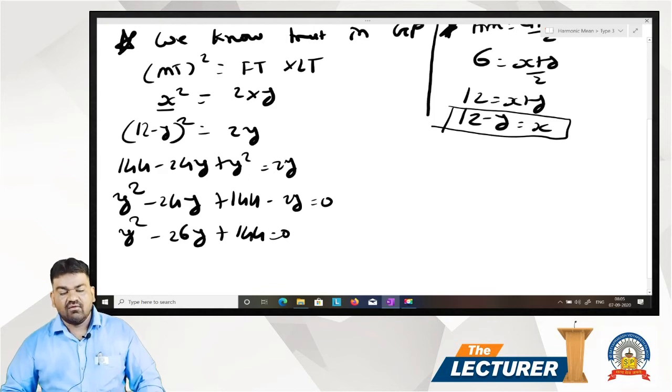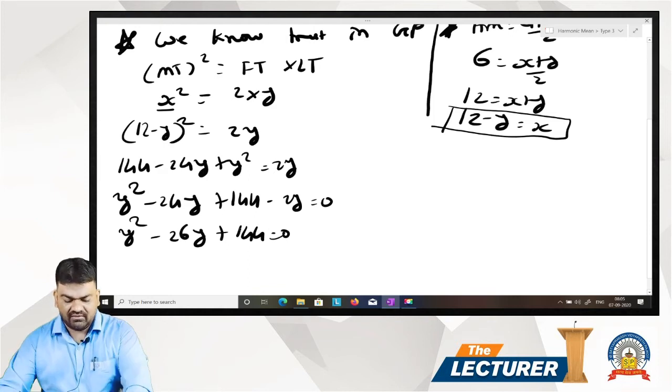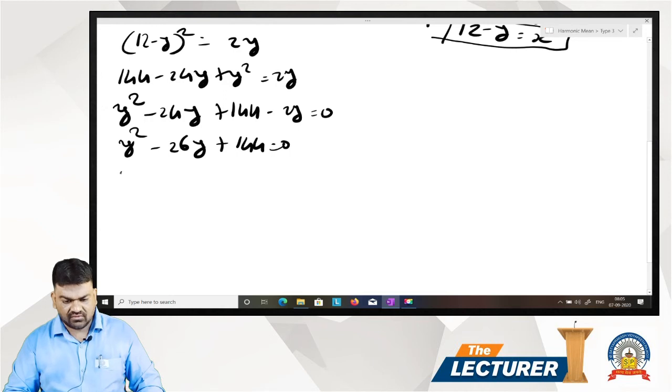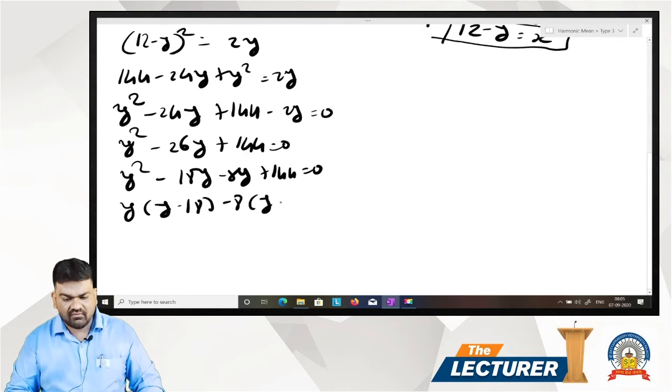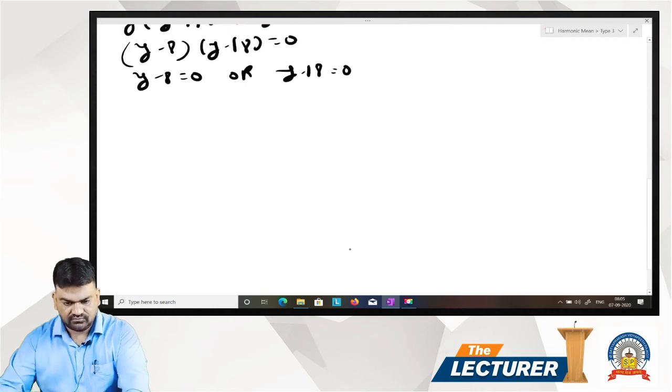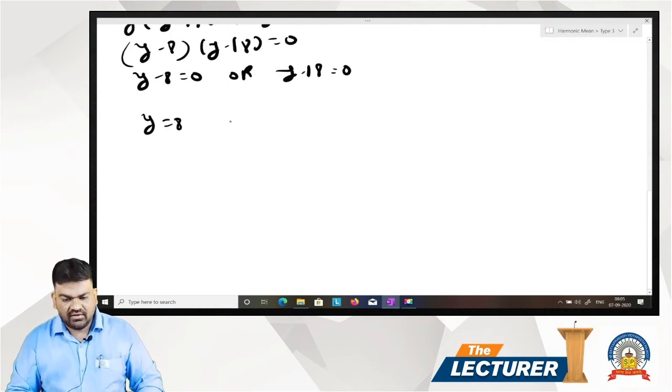We have to find the parts of 144 whose multiplication is 144 and whose sum is 26. So y square minus 18y minus 8y plus 144 is equal to 0. y common, y minus 18, minus 8 common, y minus 18. y minus 8, y minus 18 is equal to 0. y minus 8 is equal to 0 or y minus 18 is equal to 0. So y is equal to 8 or y is equal to 18.